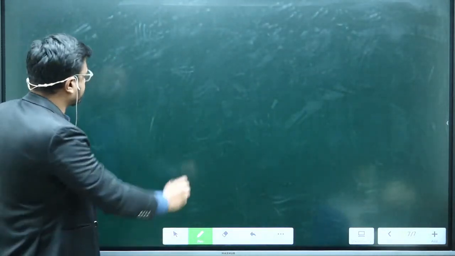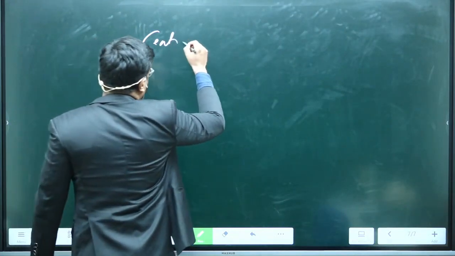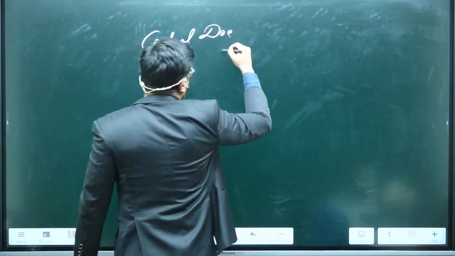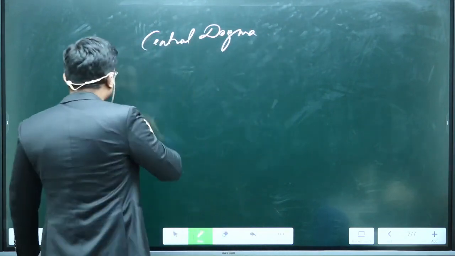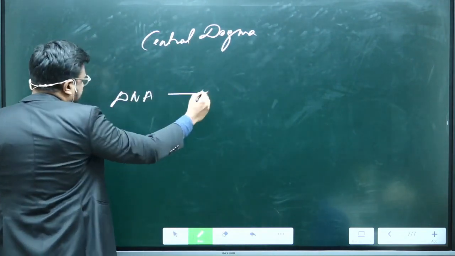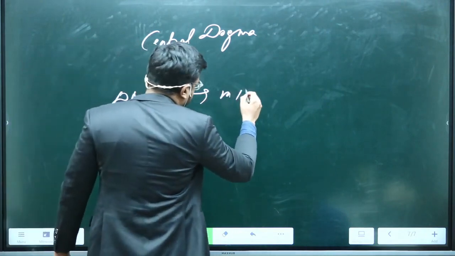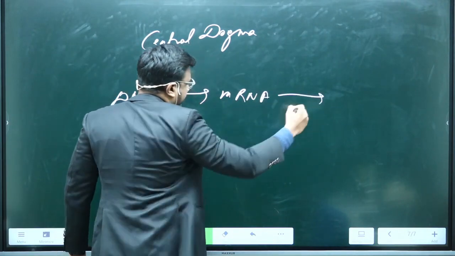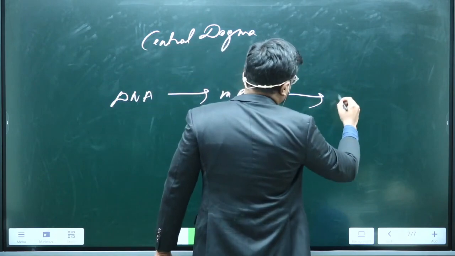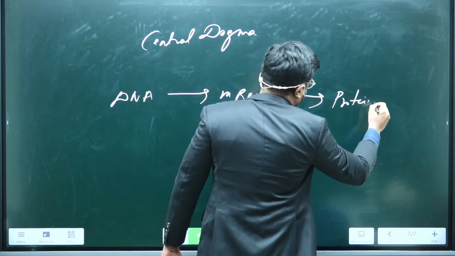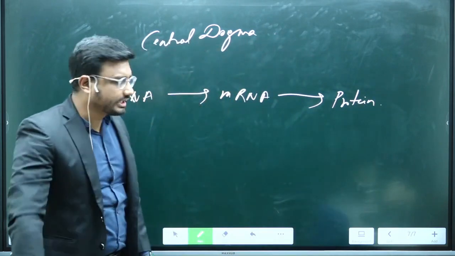So we have studied all the steps of the central dogma, right? In the central dogma, the DNA first gets converted into the mRNA, and then it is converted into the protein, right? So that is the central dogma.